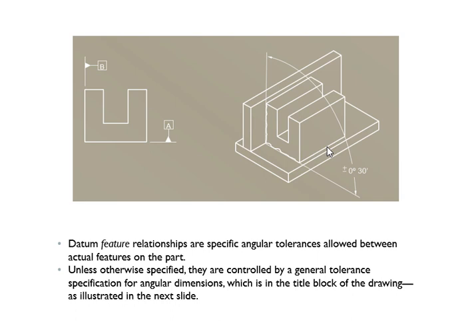So what's so special about it? Because it's showing the relationship between the 2 datum features, A and B. That relationship is the angle, because they are imaginary surfaces. So the relationship between the 2 surfaces or 2 planes is the angle.